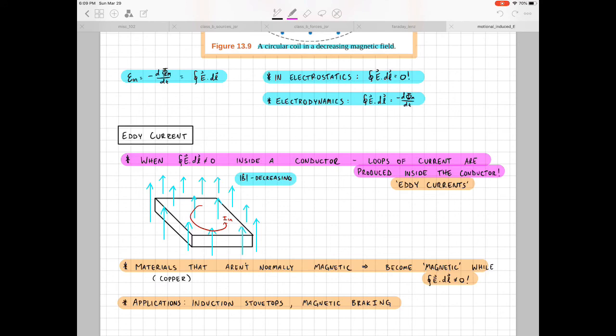Again, if your material is not a good conductor, then you will get very small or negligible eddy currents, and you won't have the same phenomenon.